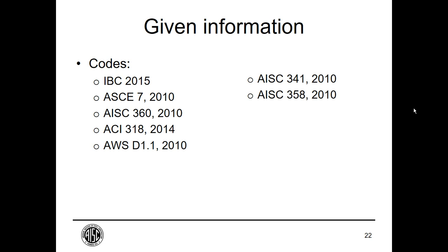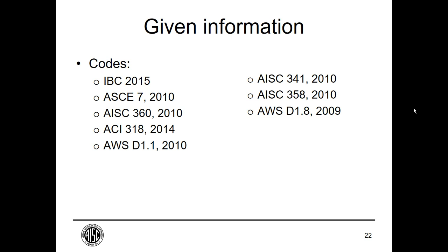And for the special moment frames, we can use AISC 358 for a pre-qualified connection. And consistent with those, the use of AISC 341 and AISC 358, we're using the Seismic Welding Supplement AWS D1.8.